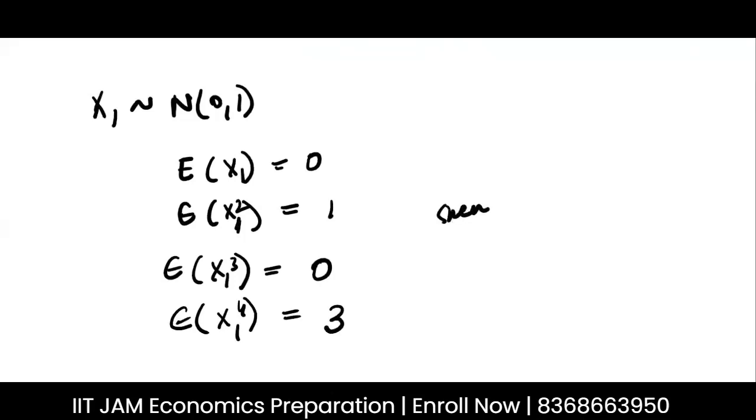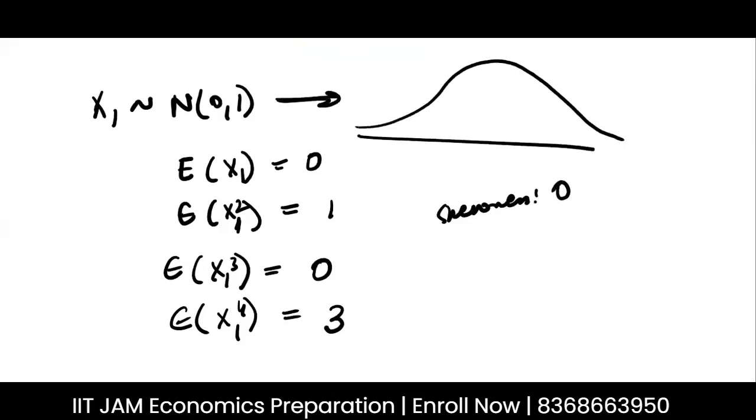Its skewness is 0 because it cannot be skewed. It is normally distributed. Normal distributions are bell-shaped, and kurtosis is the perfect kurtosis, which is 3.